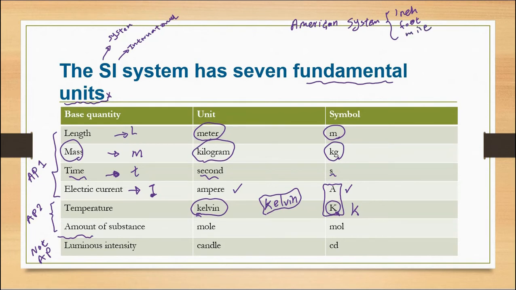For mass, pound. For temperature, it's Fahrenheit, it's not Kelvin. But here we mostly work with the SI system in AP Physics.